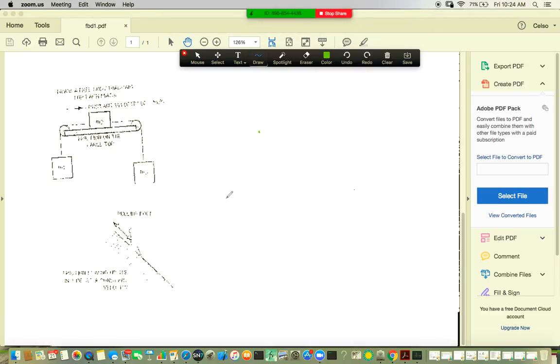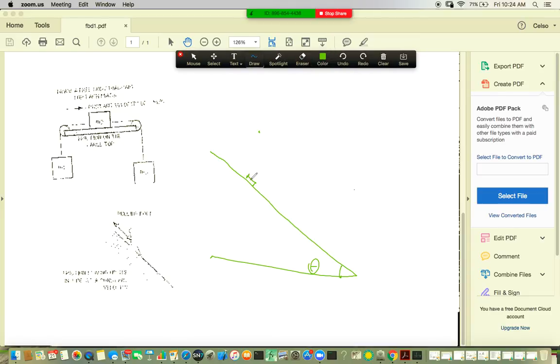So you have an incline that has an angle, theta, right? Have a box in there. Now the forces are gravity, and gravity is mg, and you do have a normal force that goes perpendicular to this incline.